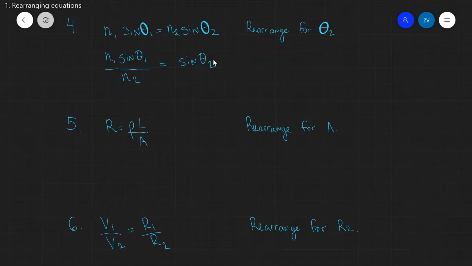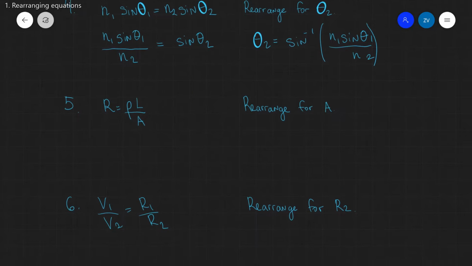So remember, this is sine of the angle. The way we do that is using the inverse sine function, and we can just write down that theta 2 is equal to the inverse sine of this whole expression that's on the left hand side. So n1 sine theta 1 divided by n2.